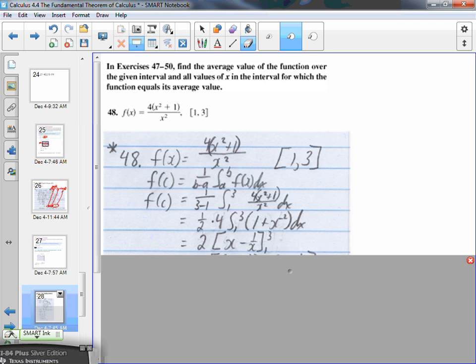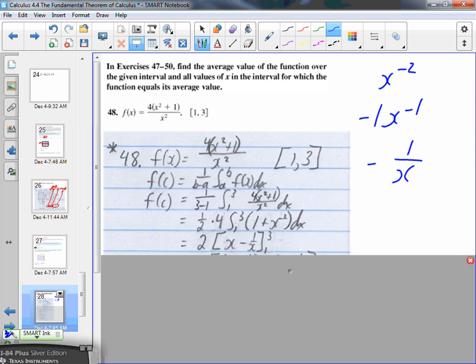Well, the antiderivative of 1 is x. The antiderivative of x to the negative 2, follow me here, x to the negative 2, add 1, divide the coefficient by the new exponent, and so that's a negative 1 over x, isn't it? So that's what I wrote, negative 1 over x. Evaluated from 1 to 3.